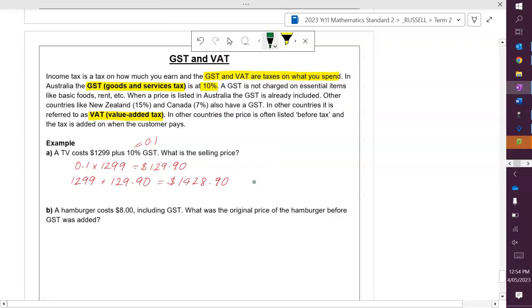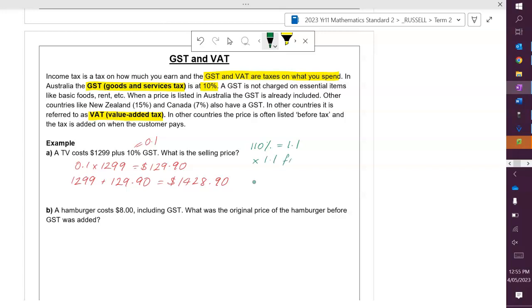Now there is a little shortcut that we can use to make this a little bit easier for the future. GST is adding 10%. So if I add 10% to 100%, I get 110%, which as a decimal is 1.1. If I am trying to find the price after GST, we're multiplying whatever the price is by 1.1.